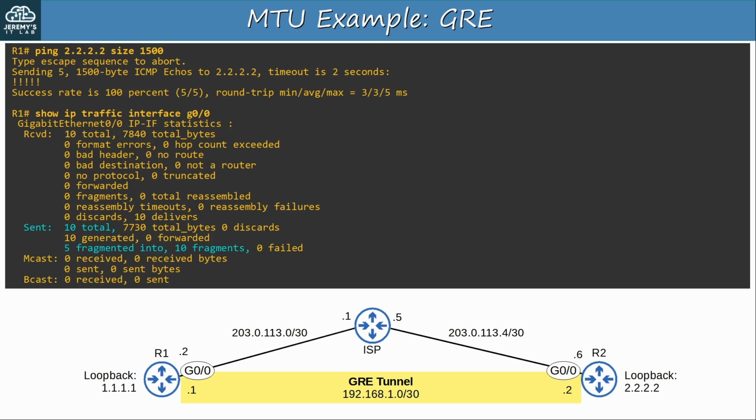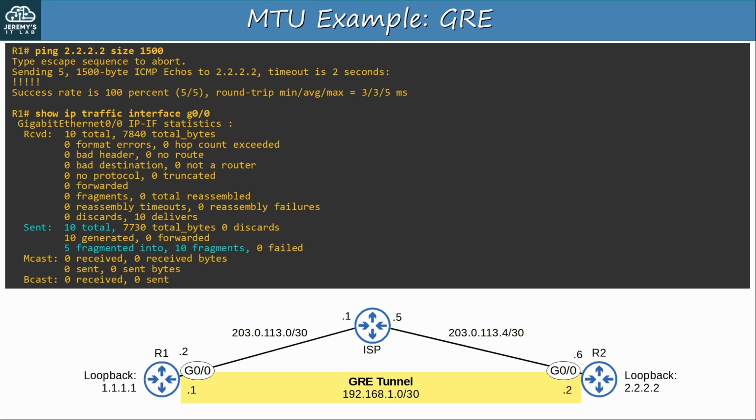I then used the command show ip traffic interface G0/0 on R1 to view traffic statistics on the interface. As I've highlighted, although R1 sent only 5 pings, it sent 10 total packets. It says 5 fragmented into 10 fragments. So the 1524 byte messages were indeed fragmented before being sent out of the G0/0 interface.